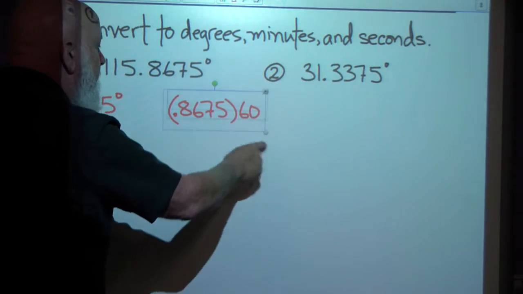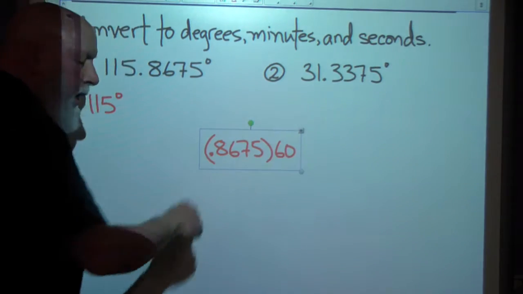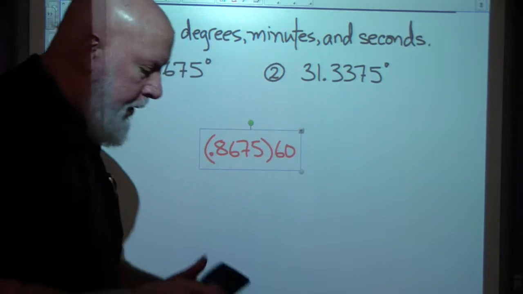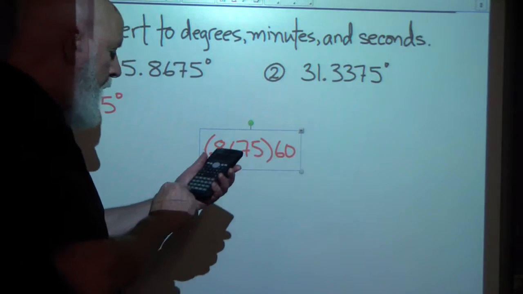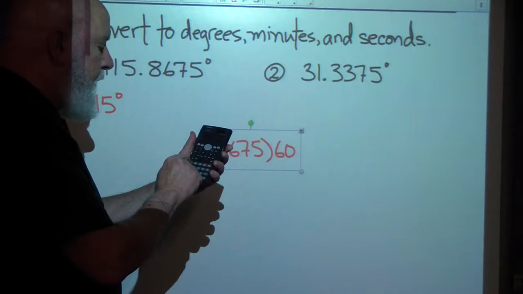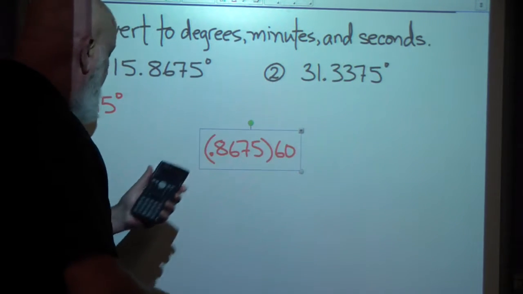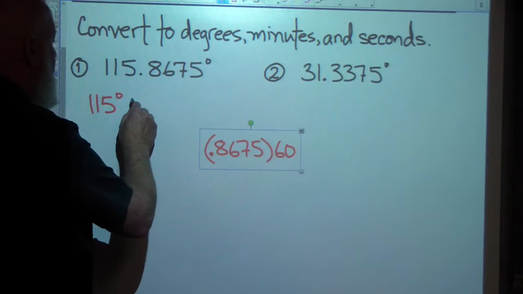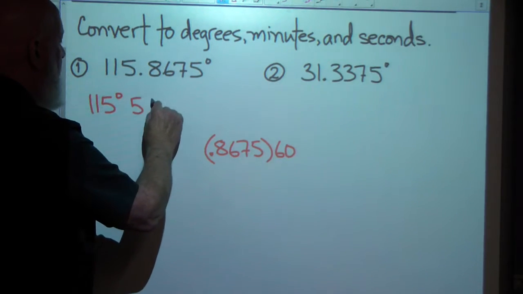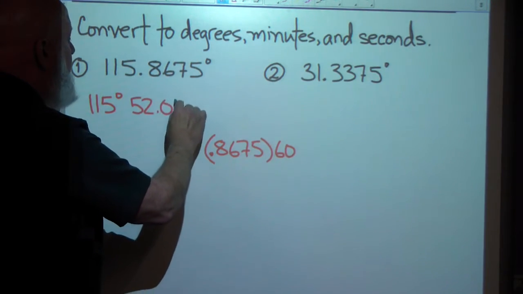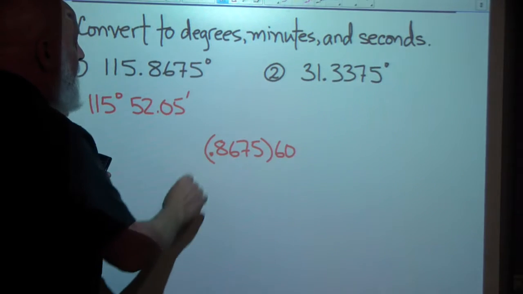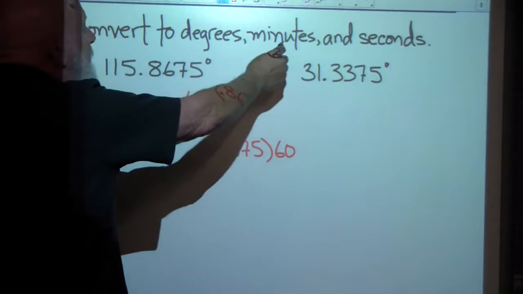And this is just scratch work over here. Let's see what we get. 0.8675 times 60 equals 52.05. And that's minutes. But I want degrees, minutes, and seconds.